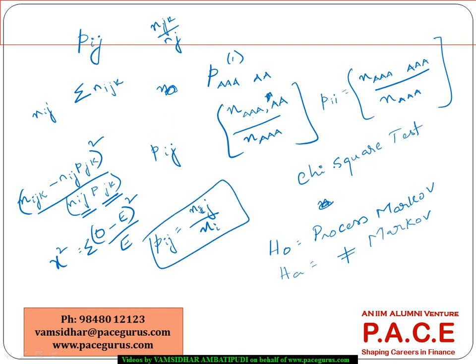So this is the chi-square test that we typically use, and obviously if the significance level is less than 0.05, we reject the null hypothesis and go with the alternative, and say that this process does not exhibit a Markovian property. Otherwise, we don't have any evidence to reject the null hypothesis.